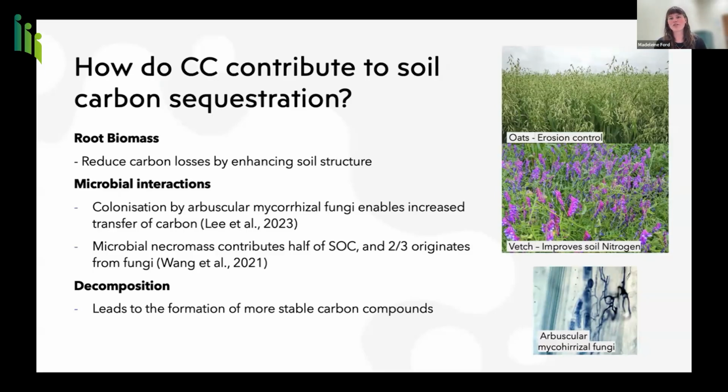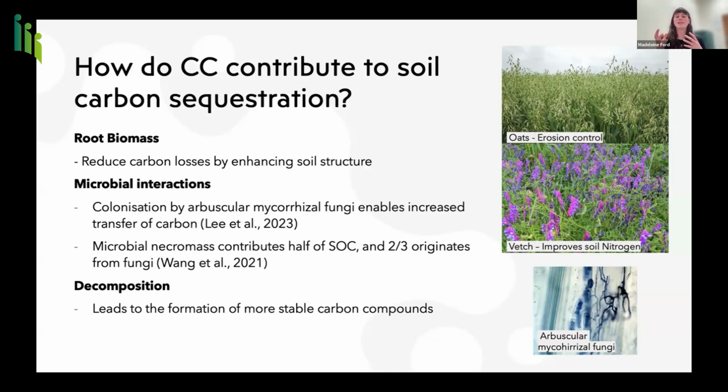And one thing that I found super interesting within my literature review was finding out that microbial necromass, so dead microbial matter, contributes to half of soil organic carbon. So that's a huge amount of the soil organic carbon coming from microbes. And two-thirds of this comes from fungi. So it's really important to look at how microbes are affecting the soil carbon content.